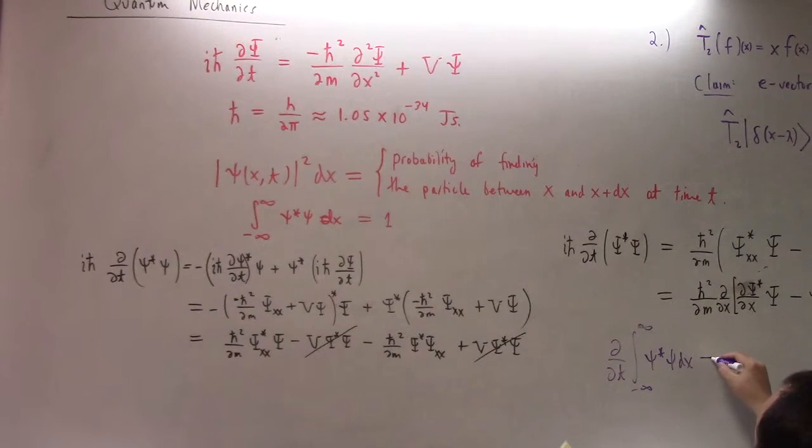And that will give you h bar squared over 2m divided by i h bar, the integral from minus infinity to infinity of partial x of that stuff.